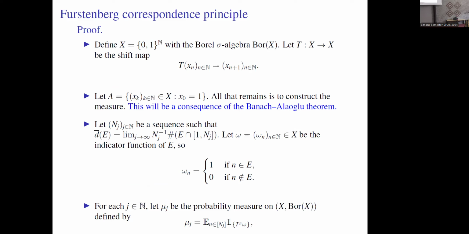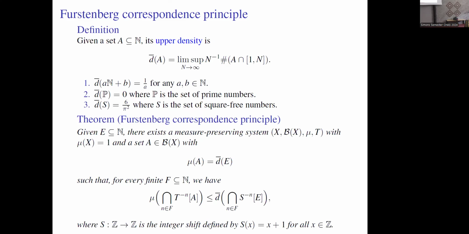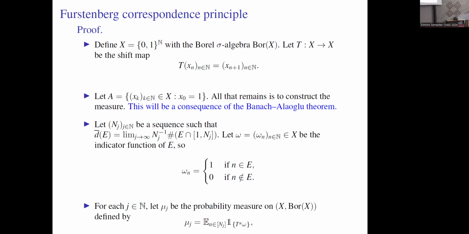We have a shift operator on this set, and now, in order to construct this measure, this would be a consequence of the Banach-Alaoglu theorem, in fact, and the properties and the definition of the upper density.